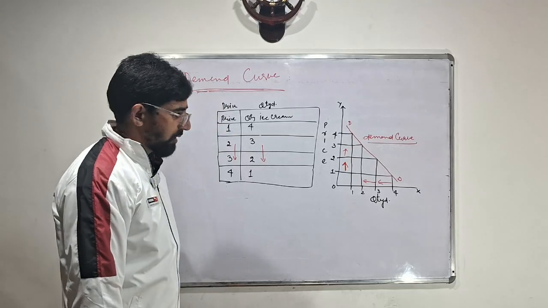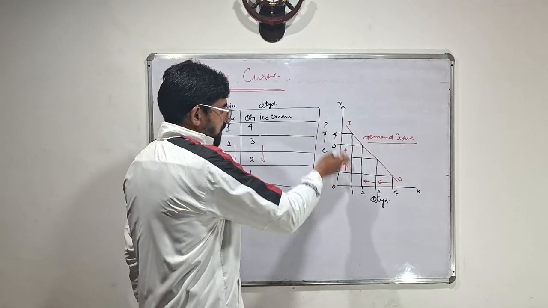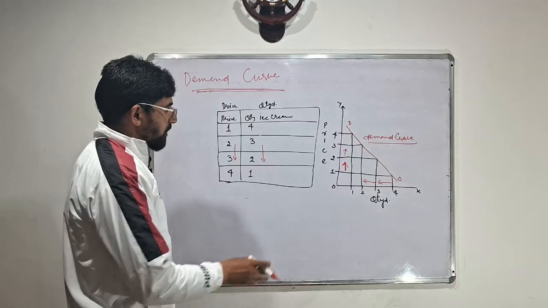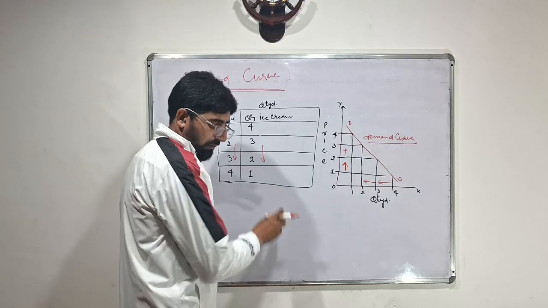Similarly, when price further increases from 2 to 3, quantity demanded further declines from 3 to 2. This process continues, meaning there is an inverse relationship between price and quantity. This schedule shows us that. This we call the demand curve.